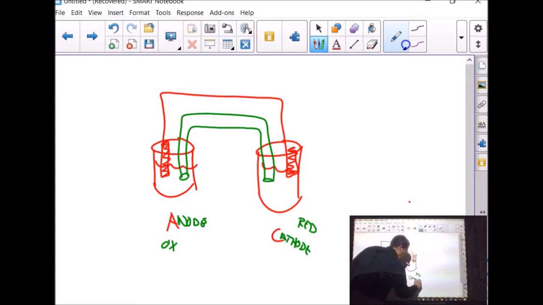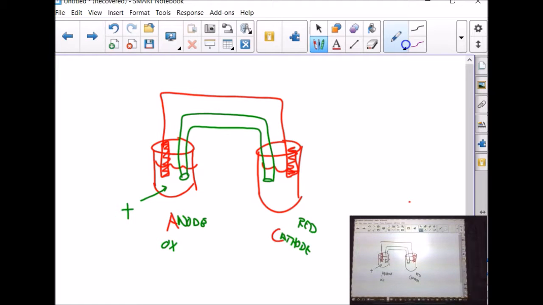Now, we said that this chamber here becomes more positive or negative? Positive. So to help maintain that charge, what kind of ions flow in that chamber? Cations or anions?